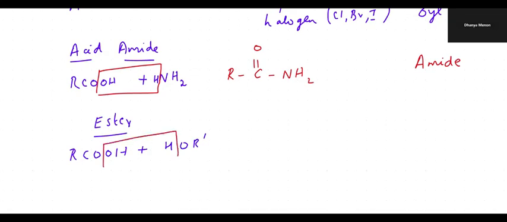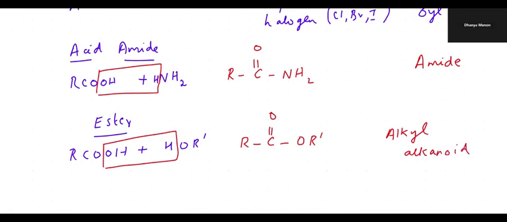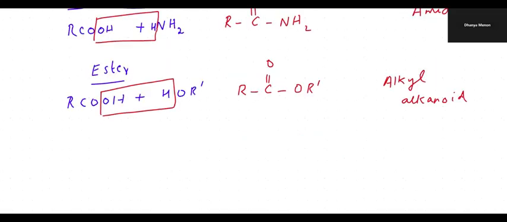And what do you get? RCOOR dash. What is this? Ester. And what is the suffix we use? Alkyl alkanoate. This is the suffix we use. The formation of ester is not important now, you will be learning it later. There is a lesson in grade 12 about this, but for now, just remember the name.